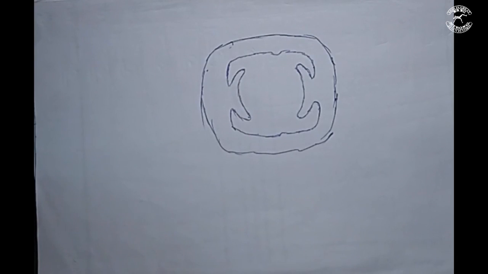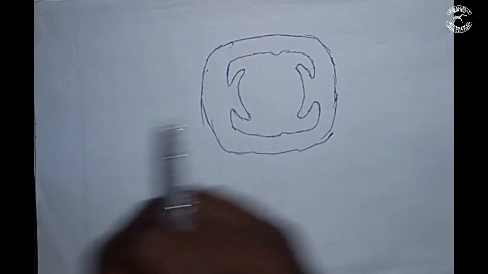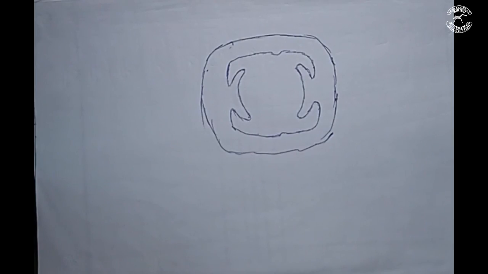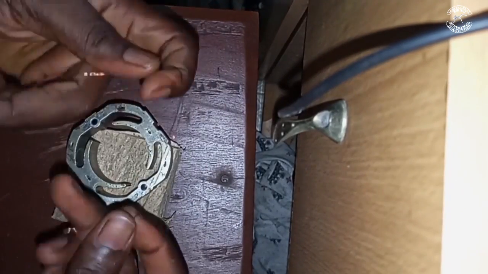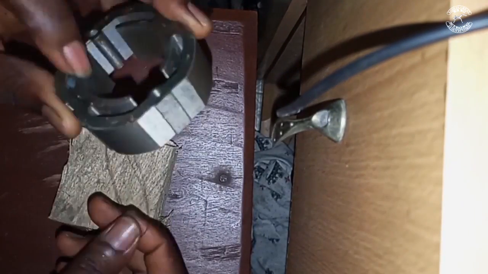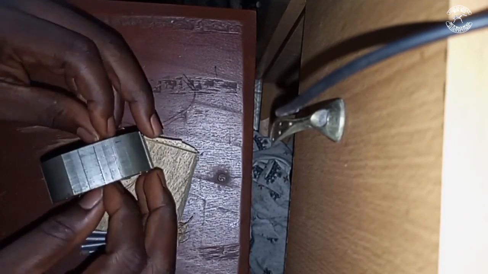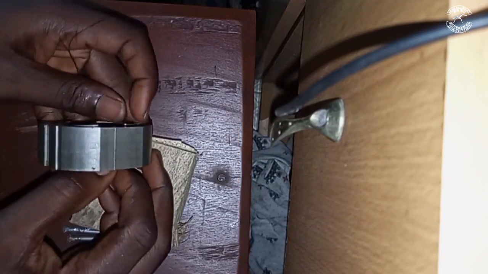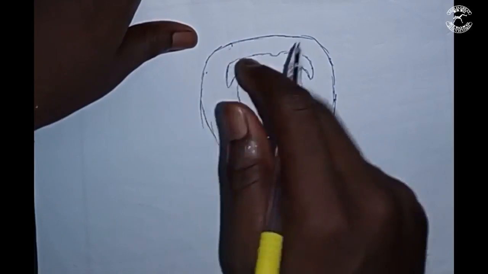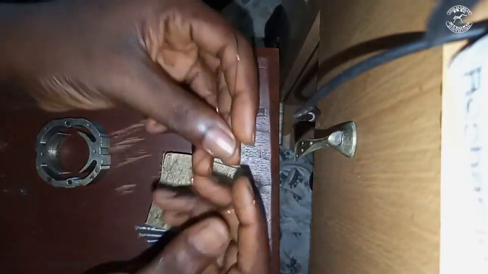So for the stator winding, is a very easy winding. So you just spin your coils, both clockwise direction, just spin your coils, normal spinning of coils. So I'll just give you a number of turns.